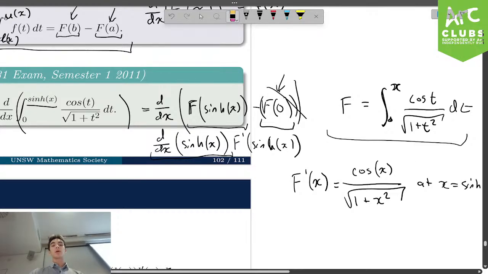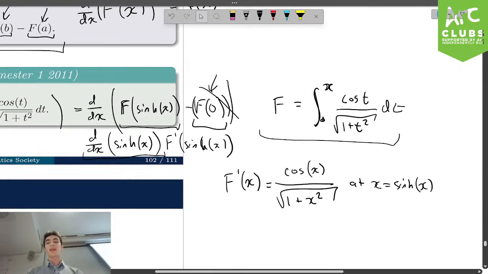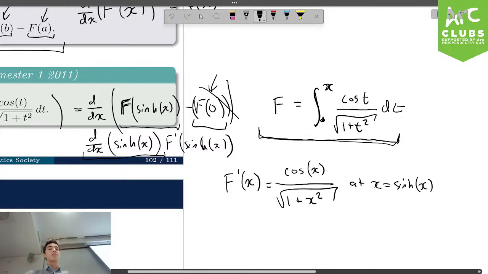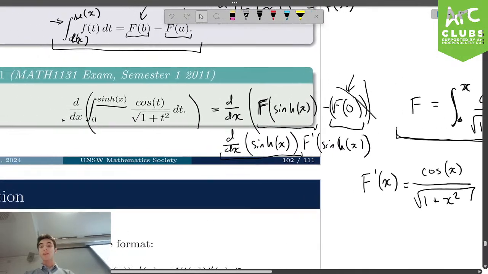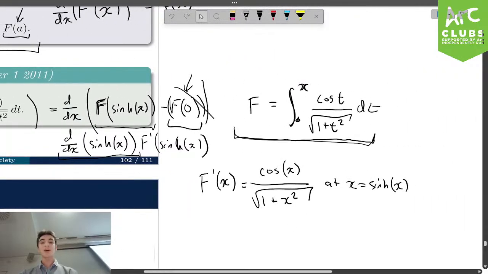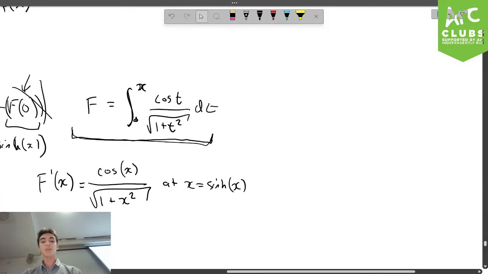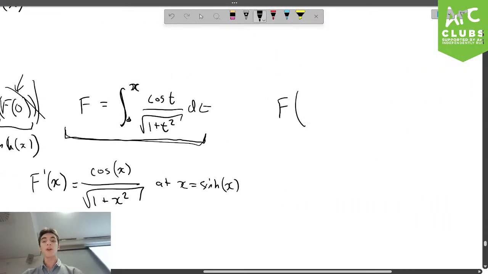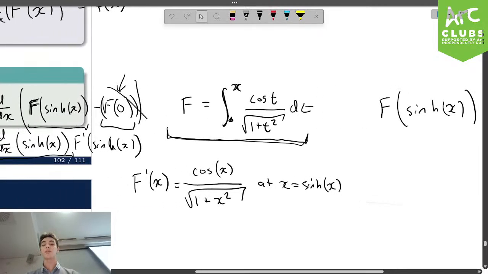Oh, right. Okay. So what I did here is that I defined this big F to be this function. And if you notice, this expression that we got given is F, but where x was replaced with hyperbolic sine of x. That's what happened here, right?